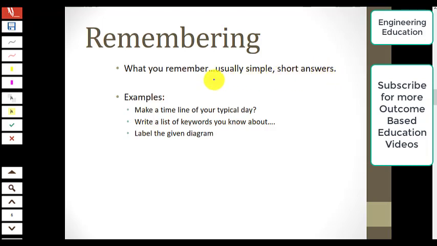It's all about memorization. Questions related to remembering may be, for example, make a timeline of your typical day, write a list of keywords you know about in a paragraph or a lesson, label the given diagram.